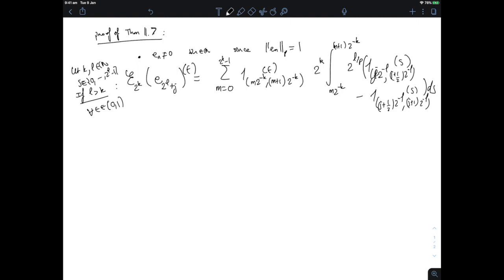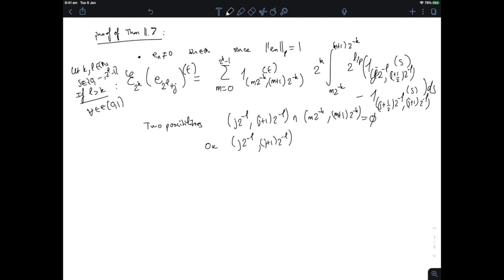Either this interval does not intersect the interval from m 2^{-k} to (m+1) 2^{-k}, or if it intersects the larger interval, then it has to be included in it because of the way these intervals are constructed.